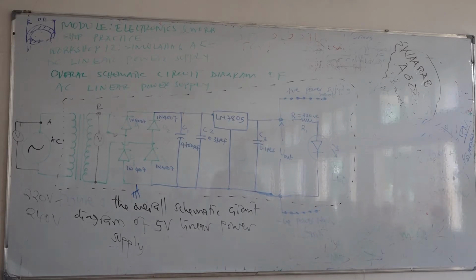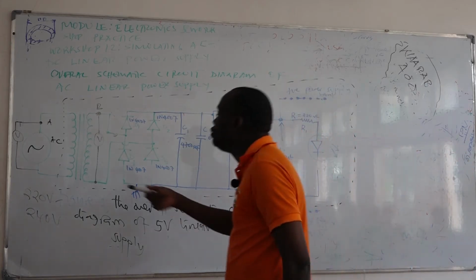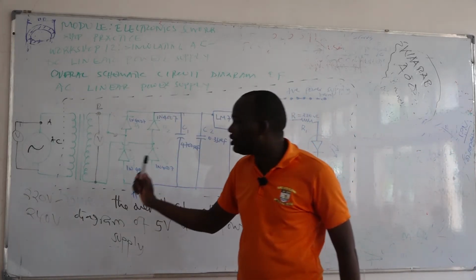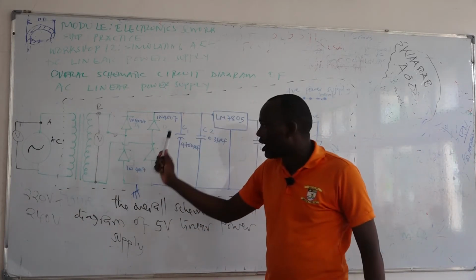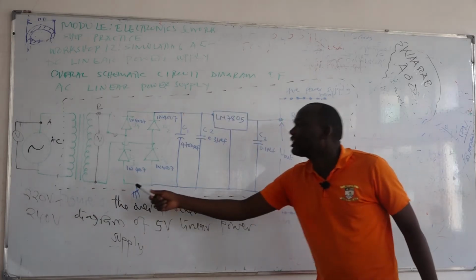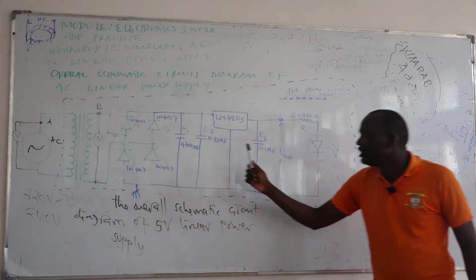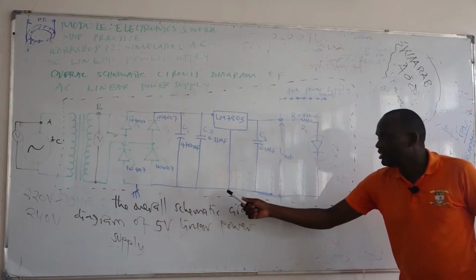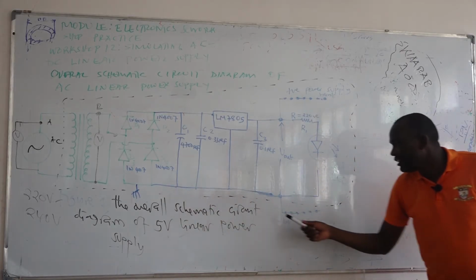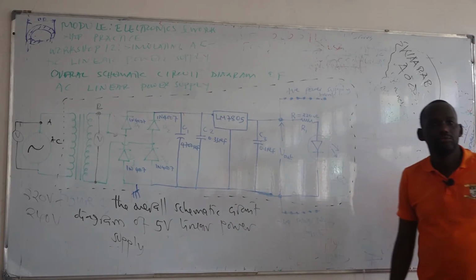But it's better to know what the output of each block is, because this is the step down transformer block, this is the rectifier block, this is the filter block, this is the voltage regulator block, this is the load block.